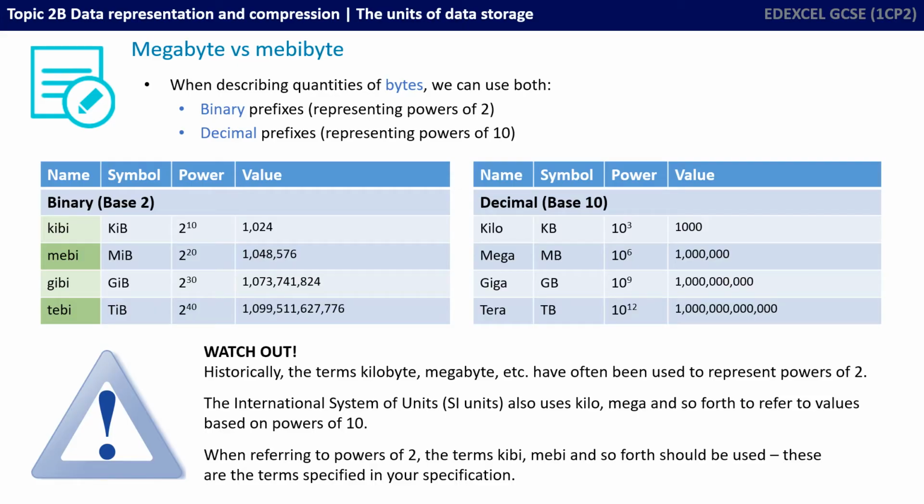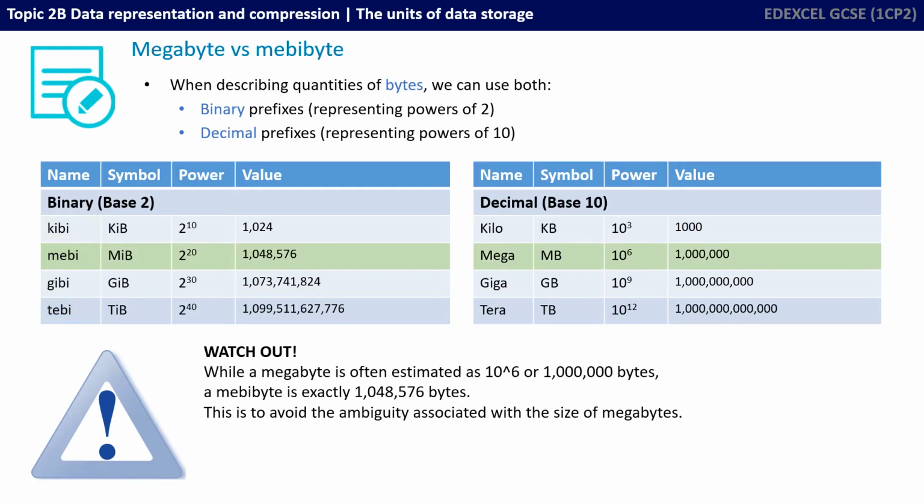So when referring to the powers of 2, the actual correct terms we should be using are kibi, mebi and so forth as shown in the table on the left, and these are the terms that are mentioned in your specification. So while a megabyte is often estimated as 1,000,000 bytes, a mebibyte is exactly 1,048,576 bytes. This is to avoid the ambiguity with the size of megabytes.